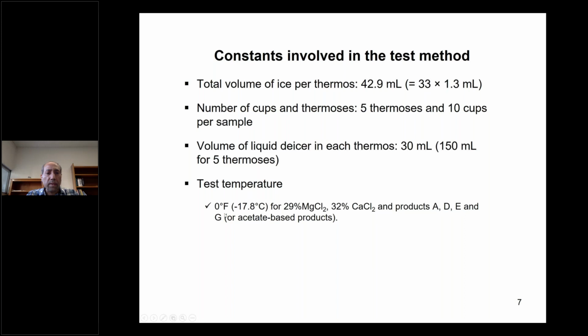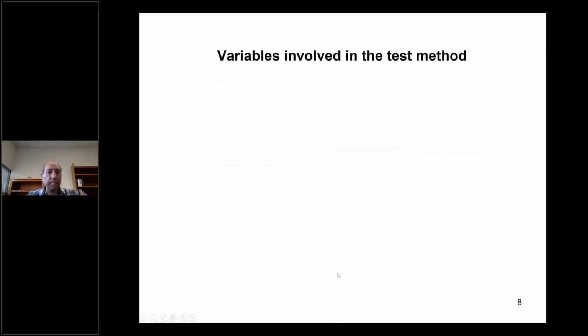So 0 Fahrenheit or minus 17.8 Celsius used for 29% magnesium chloride, 32% calcium chloride, and products A, D, E, and G. Or also you can use it for acetate-based products. And 15 Fahrenheit or minus 9.4 Celsius used for 23% sodium chloride and products B, C, and F, or in general sodium chloride based products.